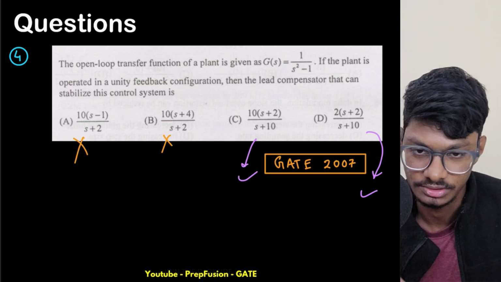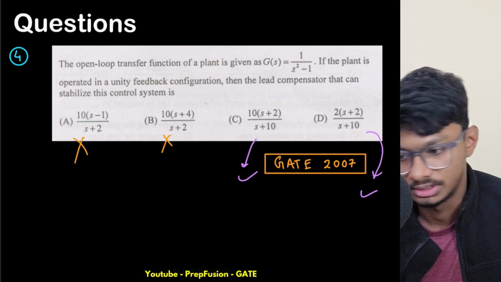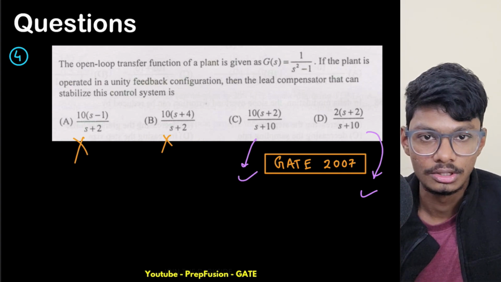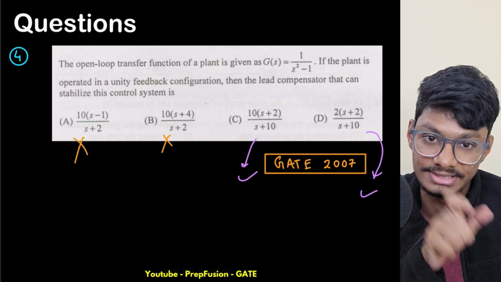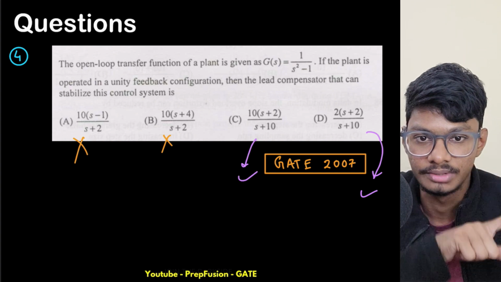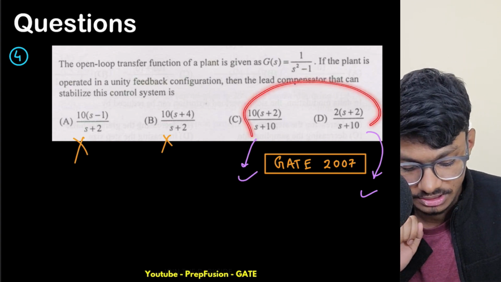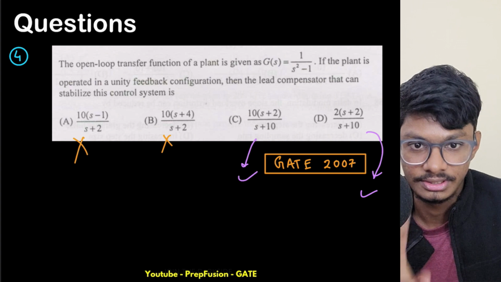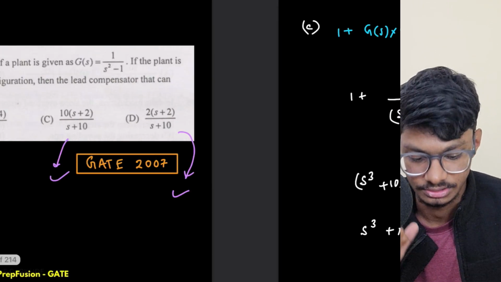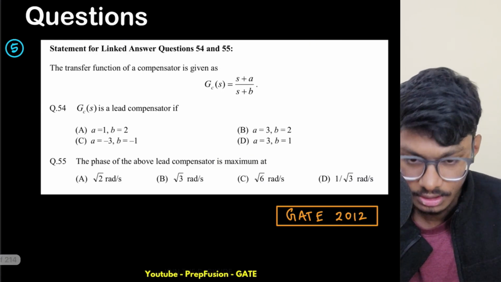Obviously you won't be able to solve this because you will need other things as well, like the performance parameter, that the settling time should be this or that. You need a few other pieces of information to exactly get the values of kc, alpha, beta. So kc, alpha, beta will be in some relation and you have to use that relation here. Whichever option satisfies that relation will be the answer. So in our case C option will satisfy that relation. Okay, so that will be the fourth question.